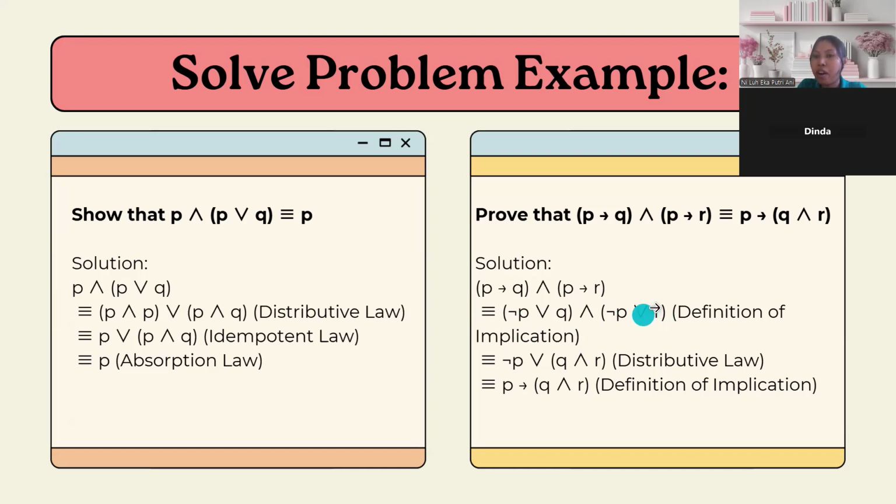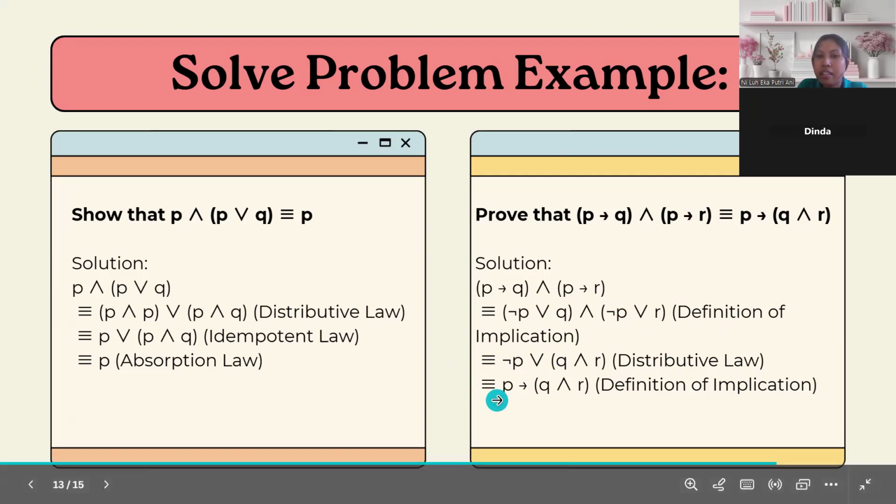This is from the definition of implication. So we also get this is equivalent to not P or (Q and R). This is from the distributive law. So in the end, we get this is equivalent to if P then (Q and R). This is from the definition of implication.